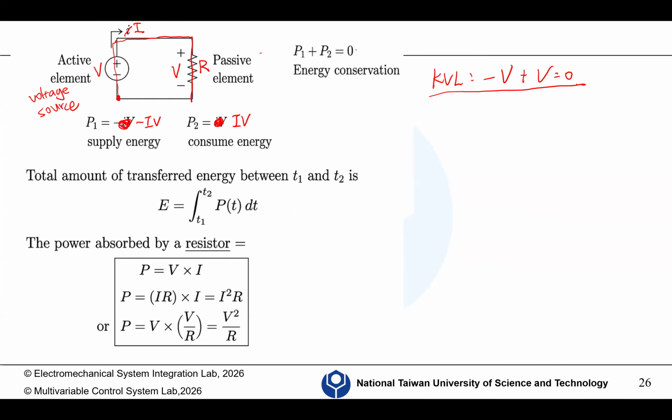So it satisfies KVL. So if its configuration is like this, and you are giving V voltage, capital V as the voltage source, then we can guarantee that the voltage across the resistor is also capital V.